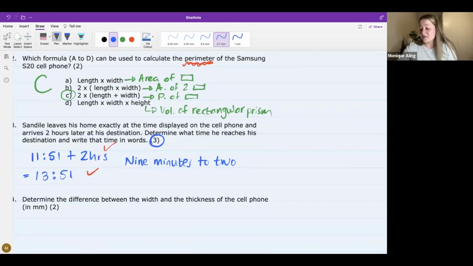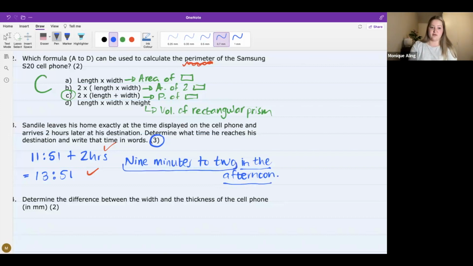Normally, if they want the full time, you'd have to say 9 minutes to 2 in the afternoon. Yeah, but you didn't have to include in the afternoon in this particular question, but 9 minutes to 2 was your 3rd mark.